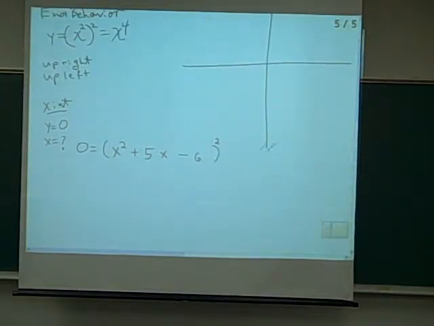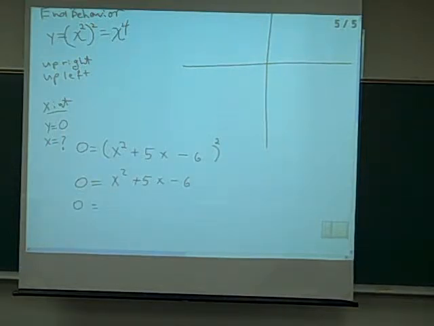So algebraically, basically we just have 2 of these, right? But we only need to factor the x squared plus 5x minus 6 one time. Because what we have here are 2 of these, x squared plus 5x minus 6, x squared plus 5x minus 6. But we only need to work with one because the other one's going to have the same x-intercepts. So we can just get rid of the other one.